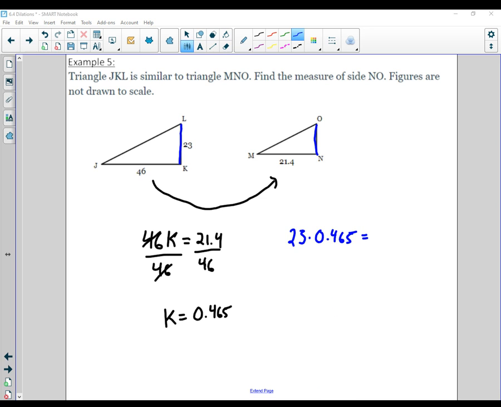So on a calculator, I'm just going to do times 23, and we get 10.7. And a trick on the calculator here: I rounded here, but that wouldn't give me the nice answer. On my calculator, I just used this whole answer to get 10.7 back. And again, now that's our answer. Our answer is 10.7. We found the side length we want to find.